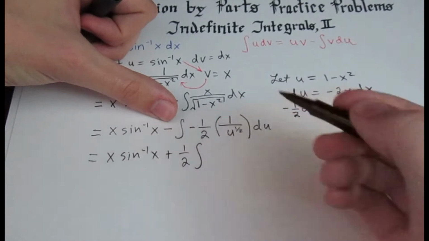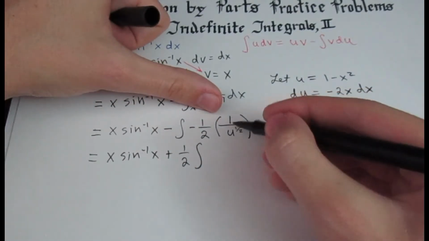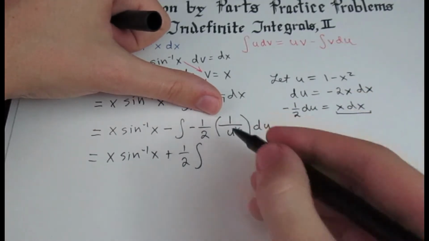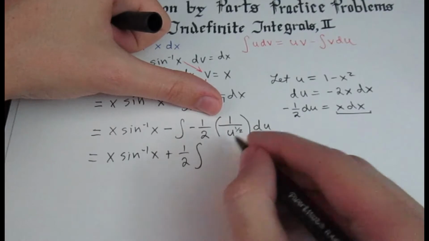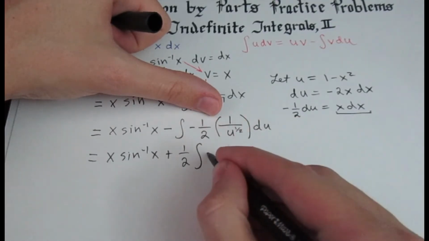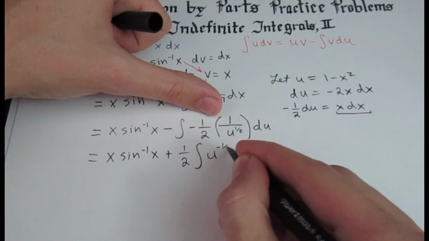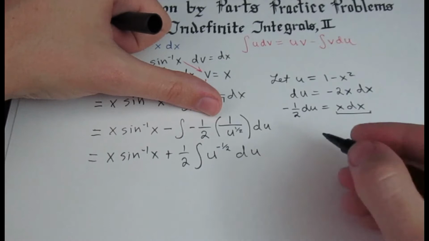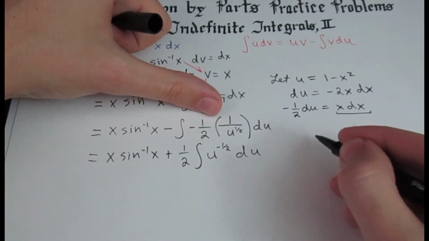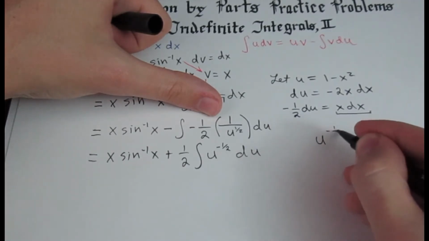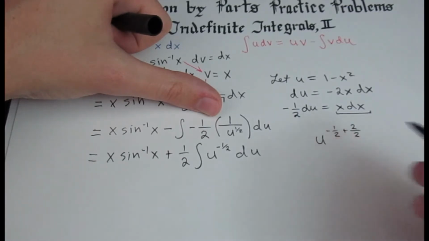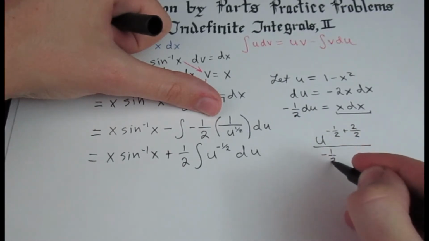The negative and the negative turns it into a positive, and what we're left over is 1 over u to the 1/2. Now to make it easier, I'm going to raise u to the numerator, and when I do that, I have to negate the exponent, so u to the negative 1/2 du. Now using the power rule for u to the negative 1/2, you add 1, and then you put it over what the exponent was added by.